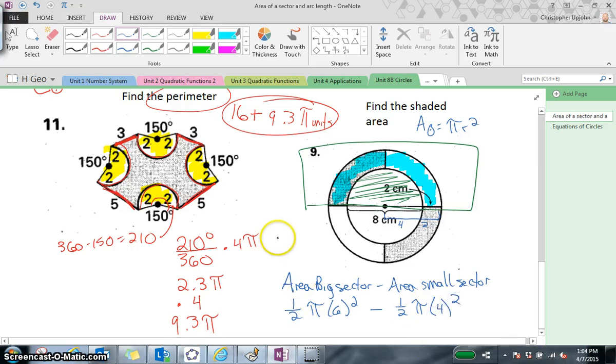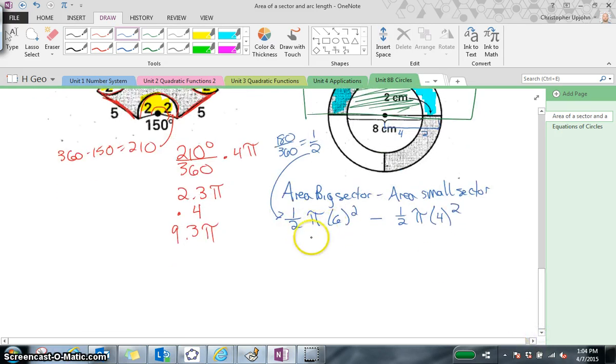And again, it's 1/2 because it's really 180 degrees out of 360. So 1/2, we just simplified it. So we get 1/2 of 6 squared, which is 36, 18 pi, minus 4 squared, 16, 1/2, that is 8 pi. And we end up with 10 pi centimeters squared because we're dealing with area.